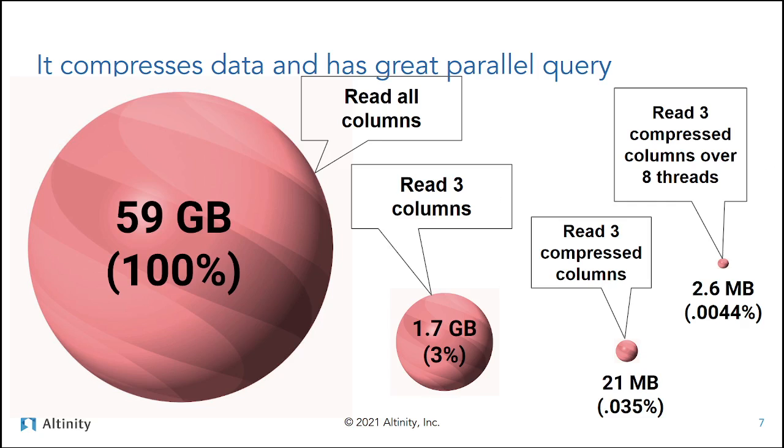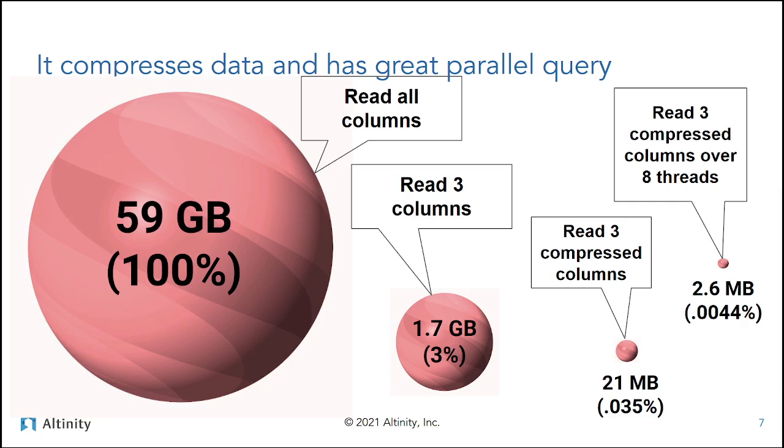Now, if I run a query which just references 3 columns, all of a sudden, instead of in that particular data set I have 109 columns, all of a sudden I'm only reading 3 columns, 3% of the data right there. It just happens that's exactly what it turns out to be. Moreover, that data is incredibly compressed. So those 3 compressed columns, in fact, the actual data that was stored on disk was 21 megabytes. So we're already down way below, we're down to 3/100ths of a percent.